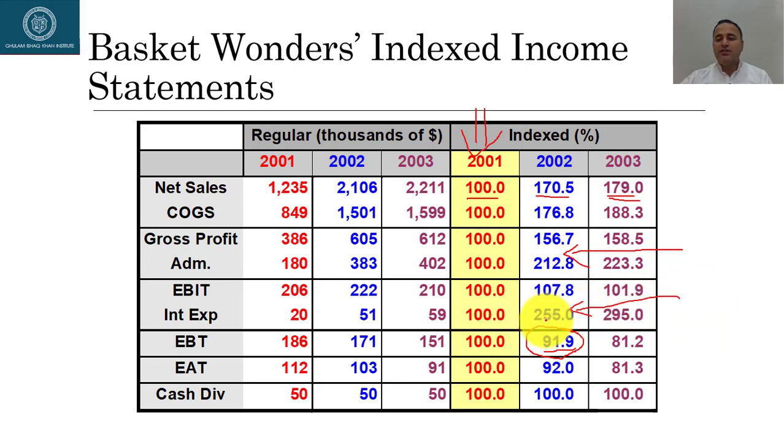From 100 it increased to 255. So index analysis and common size analysis give you a macro picture, and then you can draw your conclusions by looking at these numbers, and then you can make decisions accordingly.